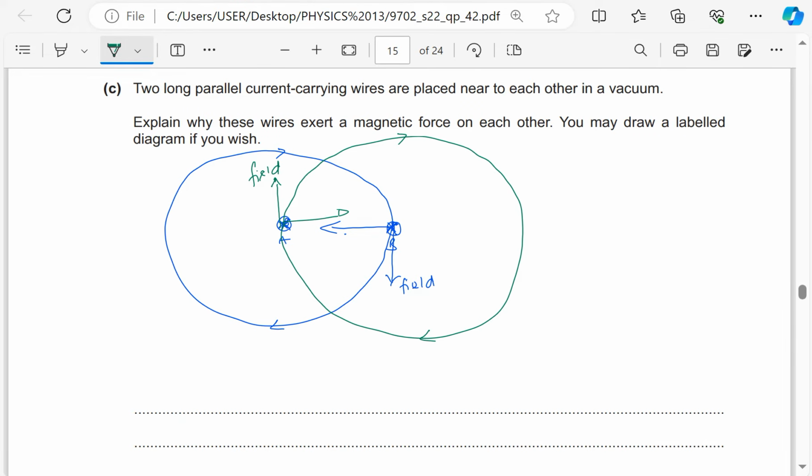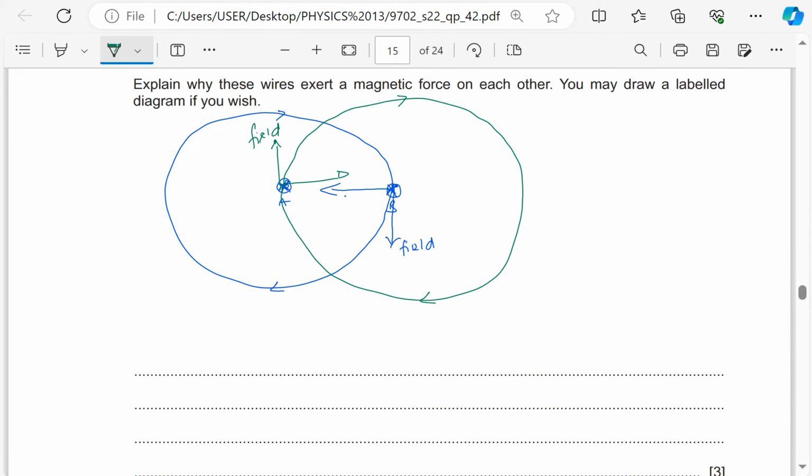So number one, each of the wires is sitting in the magnetic field of the other, and a current in the wire creates a magnetic field around the wires. So by Fleming's left hand rule, there is a force exerted on each of the wires by the other.